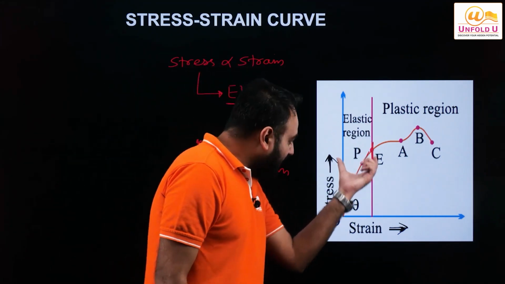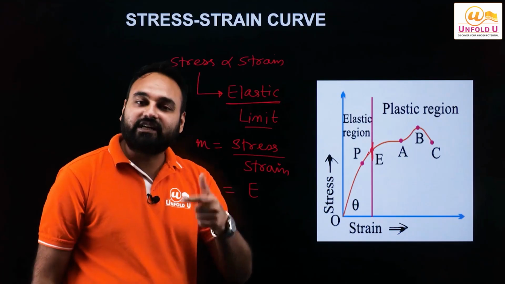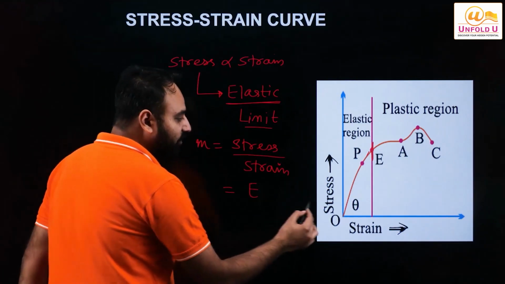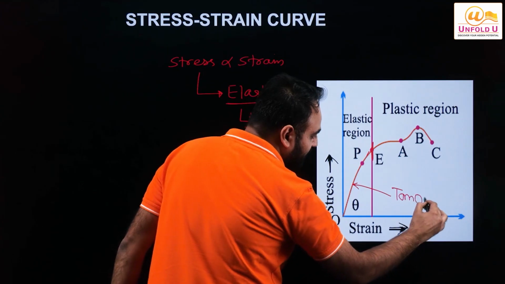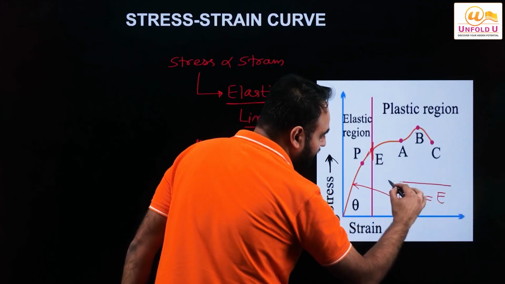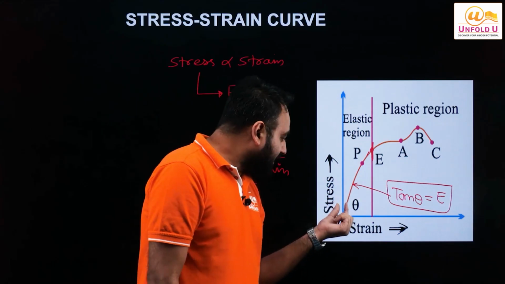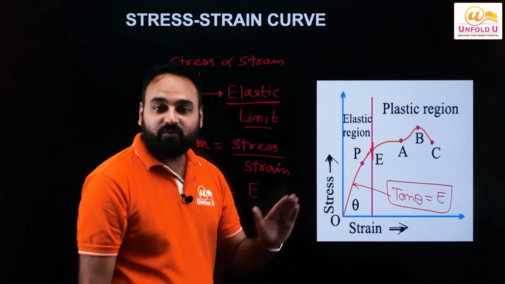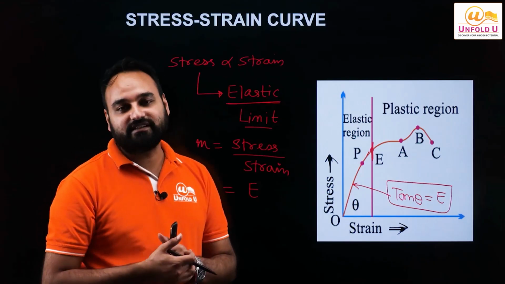That means in the elastic region, the slope of the stress strain curve gives us what? It gives us modulus of elasticity. That means tan theta will be equal to modulus of elasticity. Because we know if there is a straight line, then the slope of the straight line will give me modulus of elasticity.